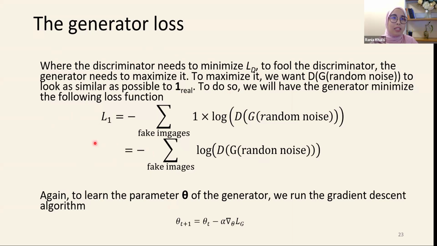We want the generated image to look as similar as possible to a real one, and to do so we have the generator minimize the following function. Again, we learn the parameter theta of the generator by running the gradient descent algorithm, updating and learning the parameters.